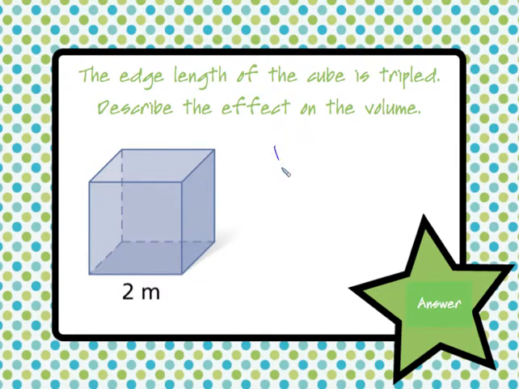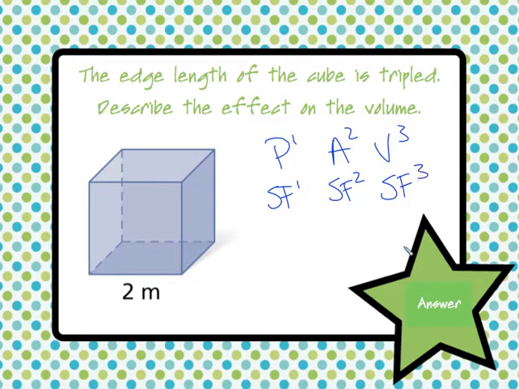Okay, so this is our PAV 123 again, which we'll talk about in a separate section at the end. But perimeter reduces to the scale factor to the first power. Area is reduced to the scale factor squared. And now we're doing volume, which reduces to the scale factor cubed.